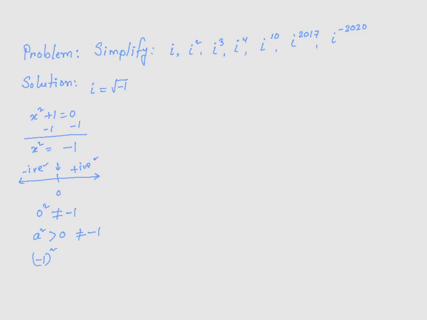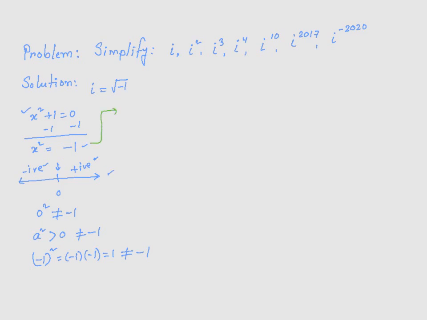If you square it, -1 whole square is -1 times -1, which is equal to +1, which is obviously not equal to -1, which we are looking for right here. So we have exhausted all the numbers on the number line in trying to find a solution for this equation. So it doesn't exist.